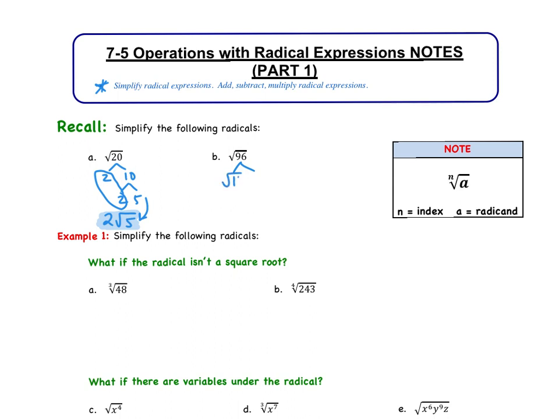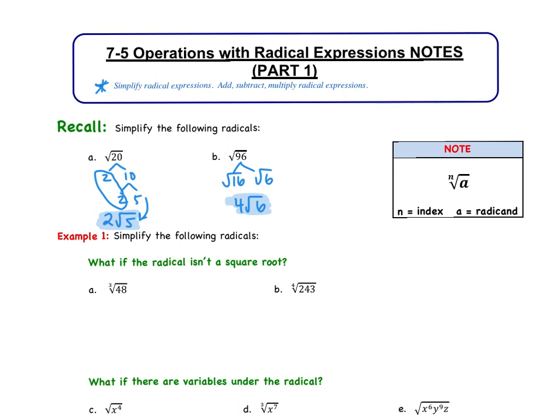So I can think of this like the square root of 16 times the square root of 6. Square root of 16 is 4. Root 6 cannot be simplified. So that's another way. If you like to use that method, you're going to have really good memory of all of those perfect squares. Either method will work, whatever method you are more familiar with.